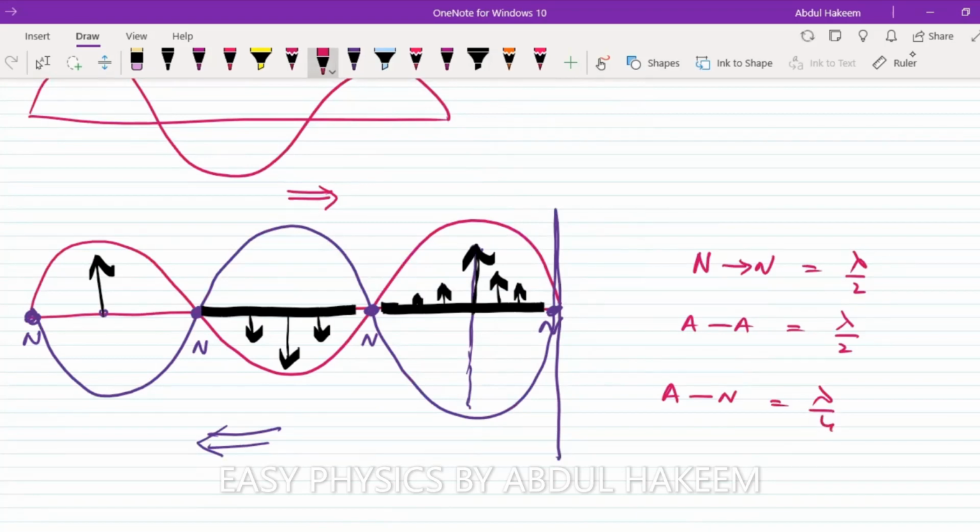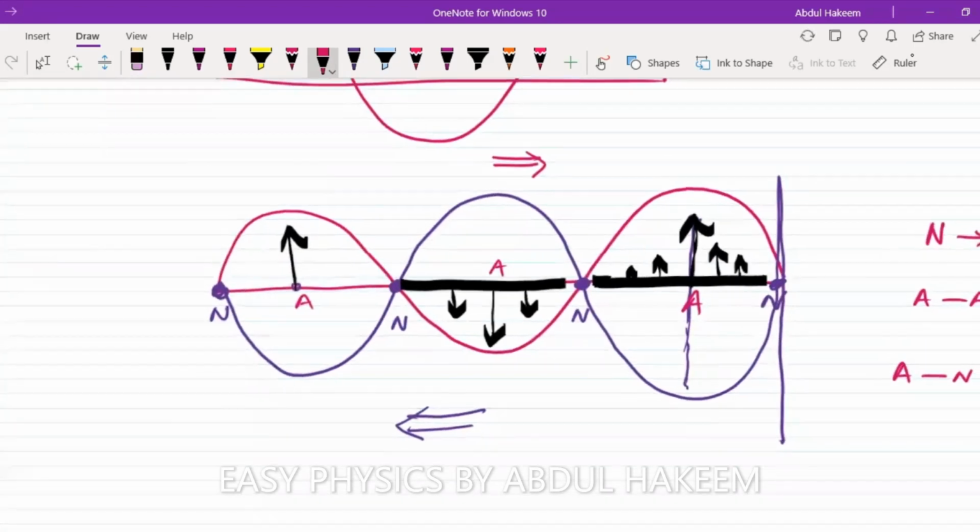And the stationary wave is used in the calculation of wavelength, frequency, and speed. Now, the intensity at the antinode is maximum, amplitude maximum. But at the node, it's minimum. For example, this is a microwave.